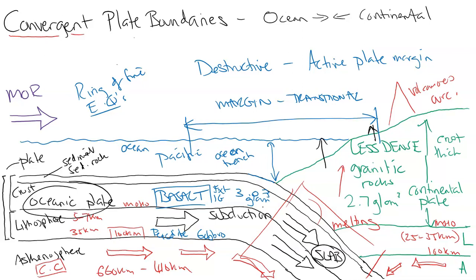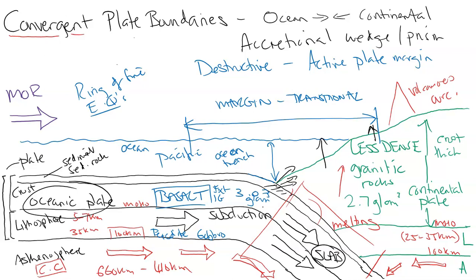But you have this ocean trench, and as the ocean plate is subducting, there is friction, and parts of the ocean plate right here will get broken off and pushed up onto the continent. And it creates what's called an accretional wedge or prism.